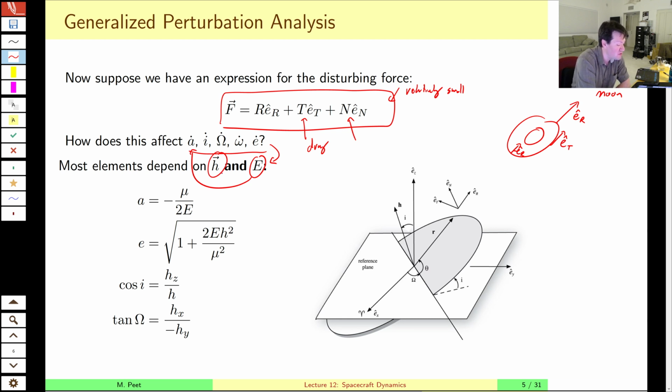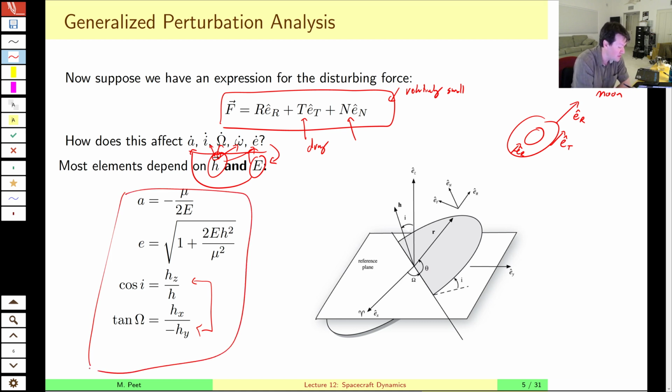The magnitude of angular momentum combined with energy gives us the eccentricity, and then the direction of the angular momentum vector is what gives us the orientation of the orbital plane. So initially, we're going to focus on a and e. We'll also talk briefly about the other ones. Just remember, we can express these orbital elements in terms of these physical quantities.